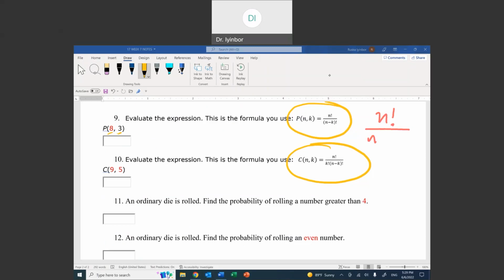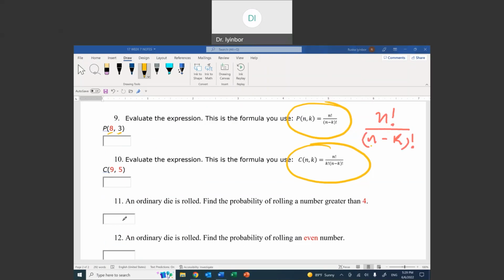Make sure when you plug it in that it looks exactly like that: n minus k in parentheses, and then put factorial. And that's the permutation.